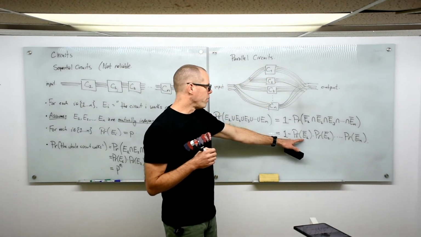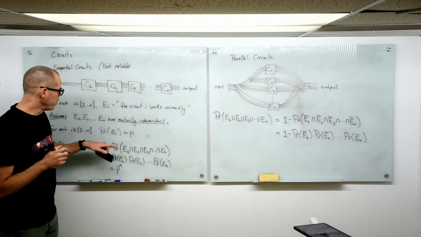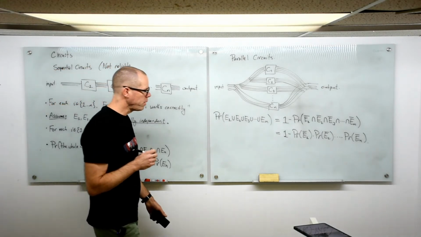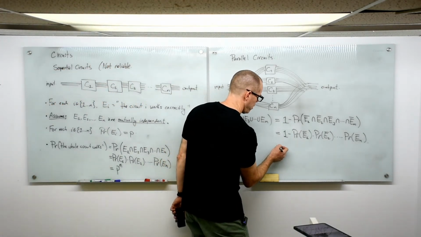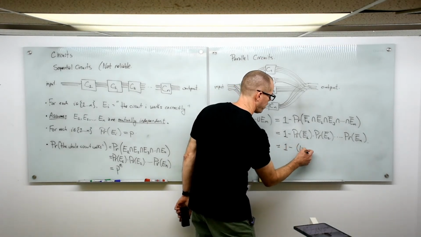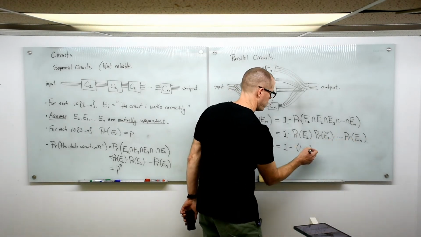What's the probability of not E1? Well, we can use the complement rule again. The probability of E1 is P. The probability of not E1 is 1 minus P. So this is 1 minus P, and so is this, and so is the next one, and so is the next one, and so on.